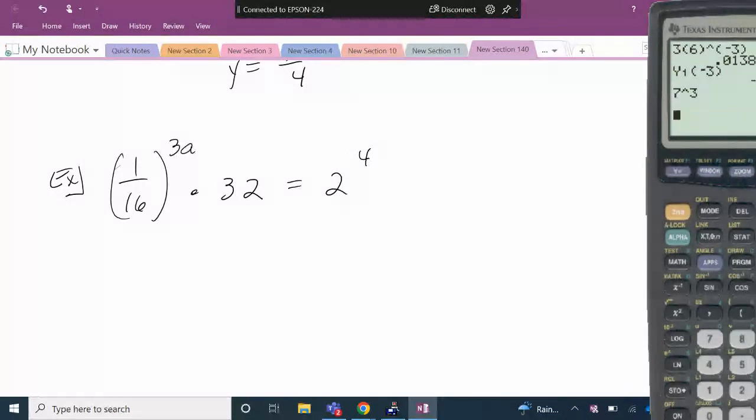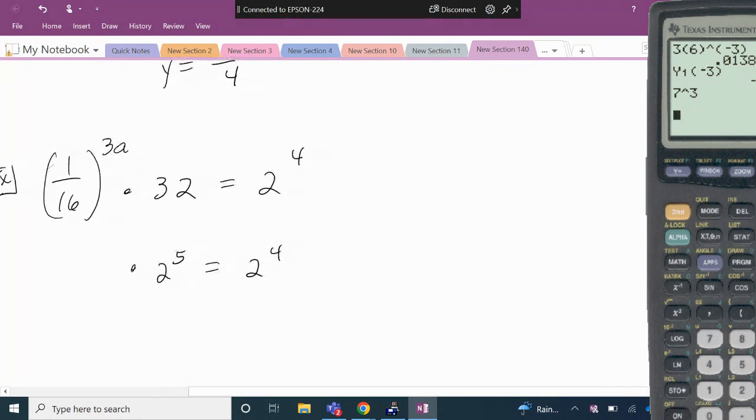All right, so here again, our job is to make everything have a like base. So we're going to make everything a base 2. All right. So just by looking at this, I know that 32, that's 2 to the 5th power. And I have 2 to the 4th power, which is already a base 2. So I want to rewrite 1/16 raised to the 3a power as a base 2.